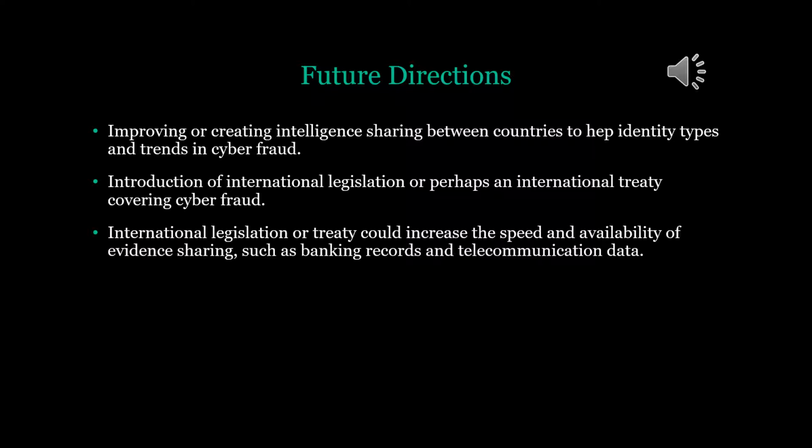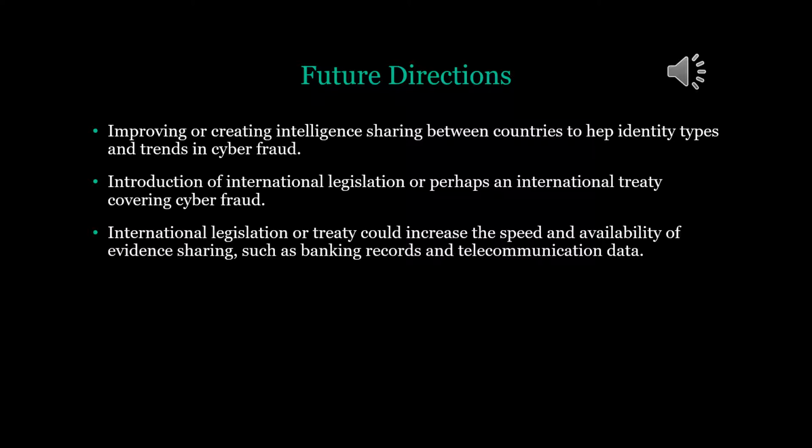Intelligence sharing at that level could lead, hopefully, to the introduction of international legislation, or perhaps an international treaty covering cyber fraud. International legislation or some sort of treaty could increase the speed and availability of evidence sharing, such as banking records and telecommunications data.